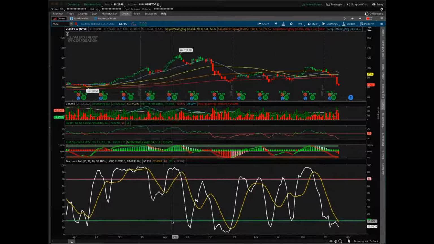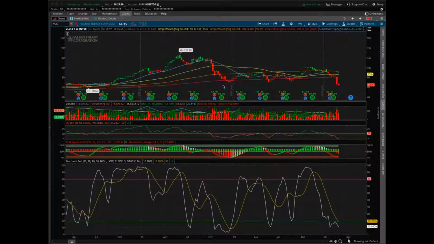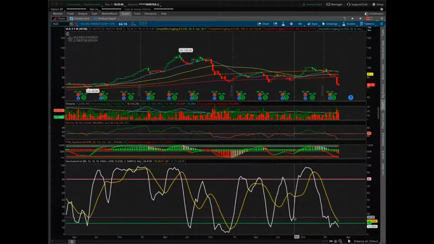So when it's below 15 or 20, it's telling you it's oversold.